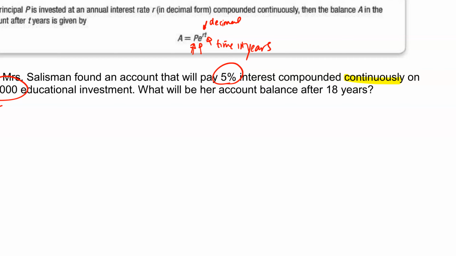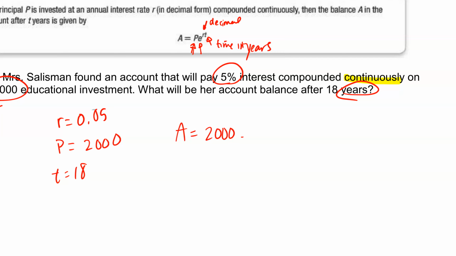You kind of have to digest the words. Okay, and then what will her account balance be after 18 years? Okay, so we know our rate is 0.05. The principal amount we started out with is 2,000. Time is 18. Fill it in. A equals P times E to the RT.